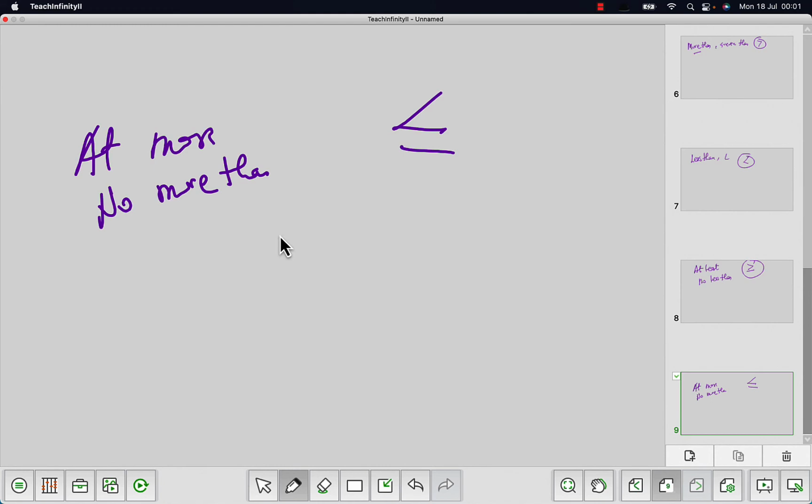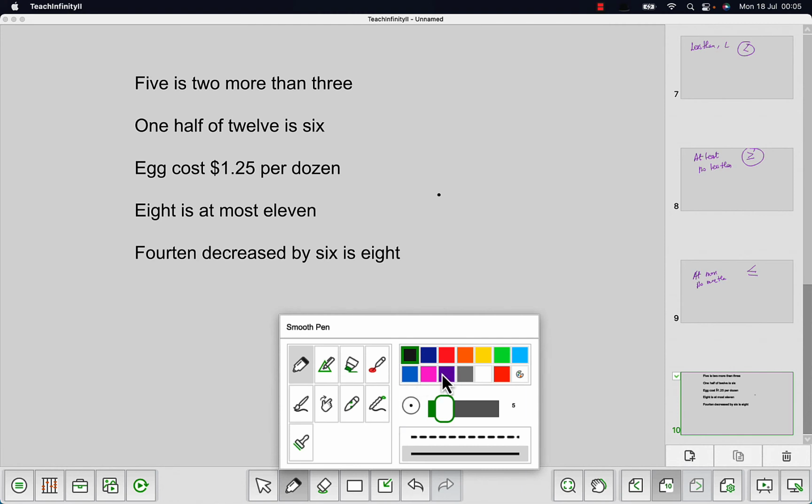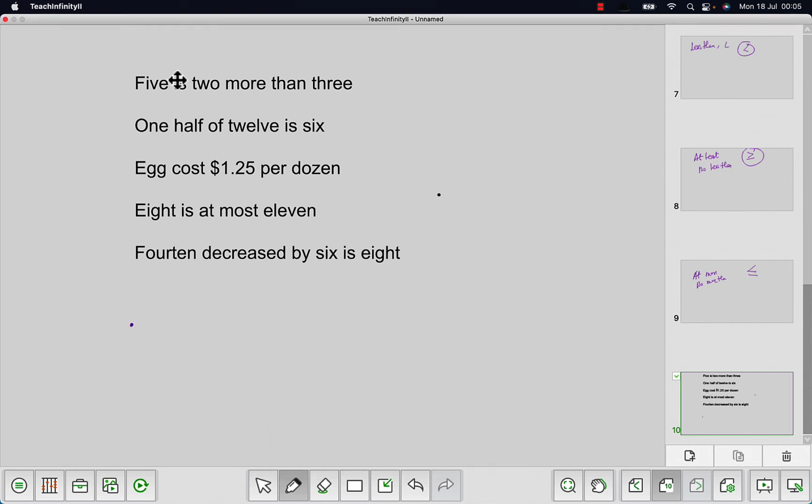Let's look at some quick examples. I have these statements on the board. Let's try to do some practice and identify some keywords. I can see "is", I can see more than. Here I can see "of", I can see "is".